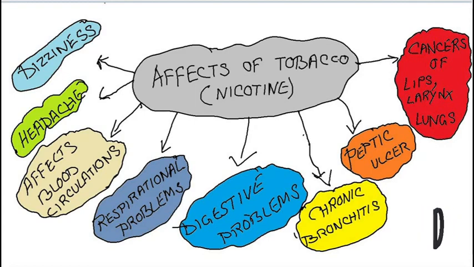But if the consumption is high and continued for a longer period of time, then speech becomes indistinct and there is a loss of balance, and finally it reaches the stage where one cannot see clearly and falls asleep.